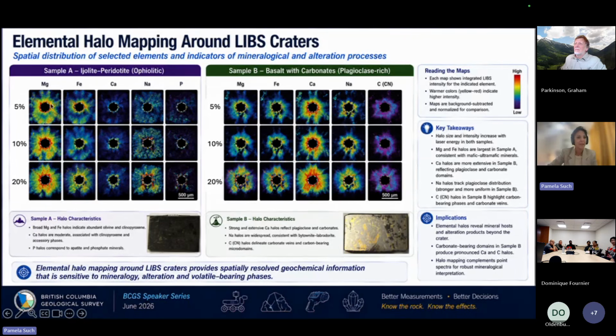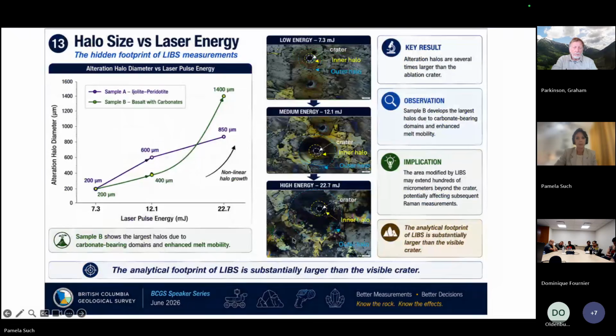We did see that from 5 to 20%, there was an increase in distribution of some of the more volatile elements in the redeposition around the alteration halo, as you can see on this image, for example calcium or sodium, in A and B. So as we increased the energy from low to high, we observed an increase in the halo of alteration in the samples.